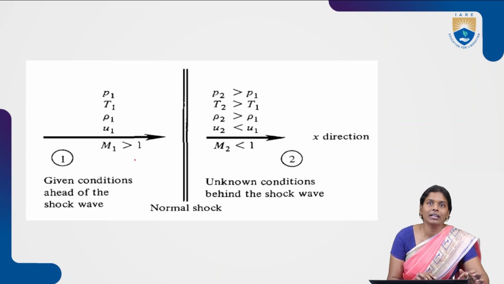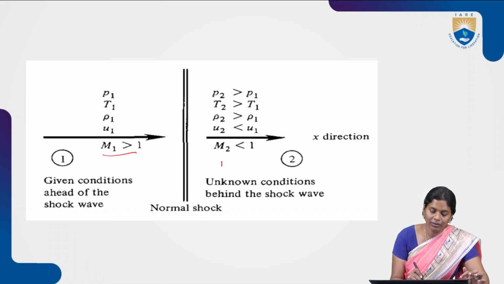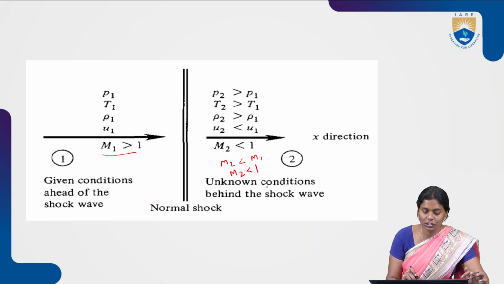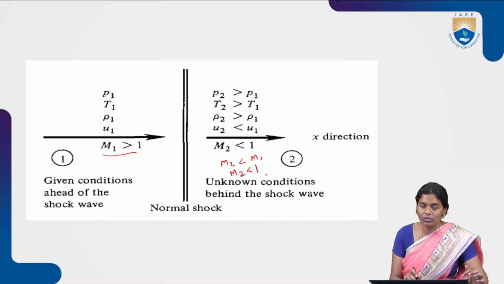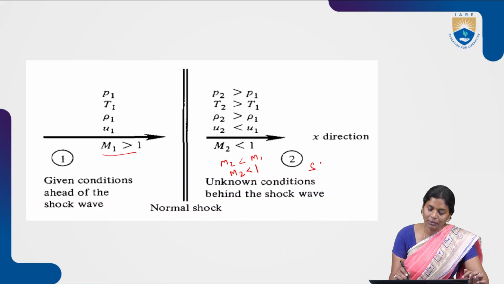Ahead of the shock wave the Mach number is above 1, and behind the shock wave M2 is less than M1. Specifically, M2 is less than 1, which means behind the shock wave we have a subsonic flow field.